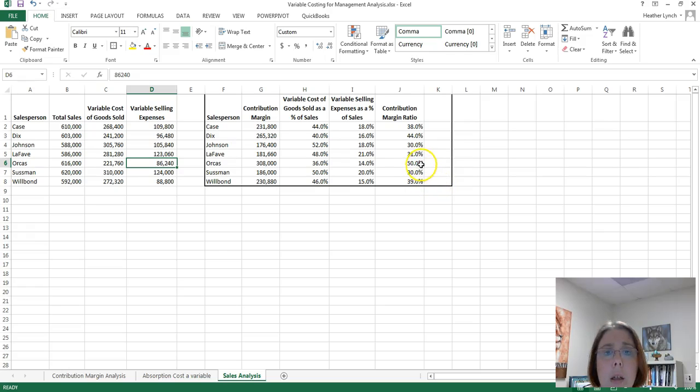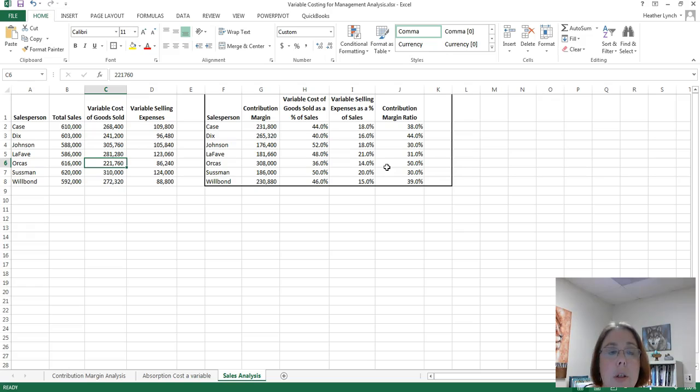And then we can look at this, which just kind of gives management an idea. Okay, so is he not charging as much commission because selling expenses, that's part of commission, is that what is affecting it?